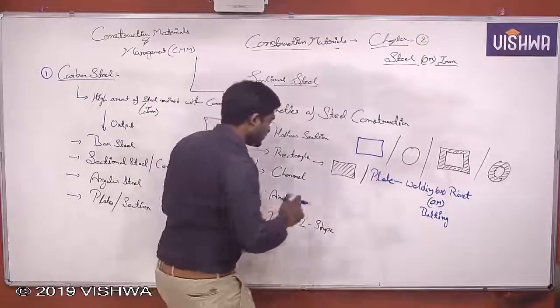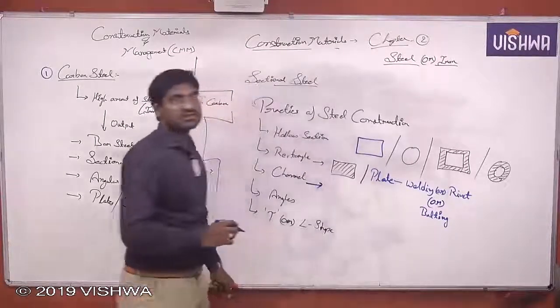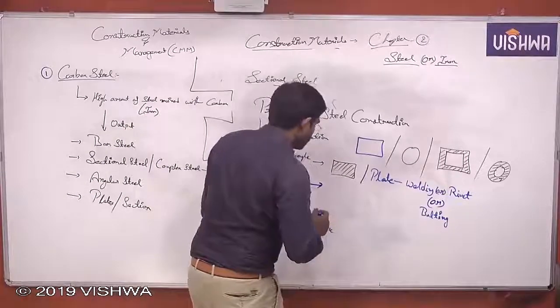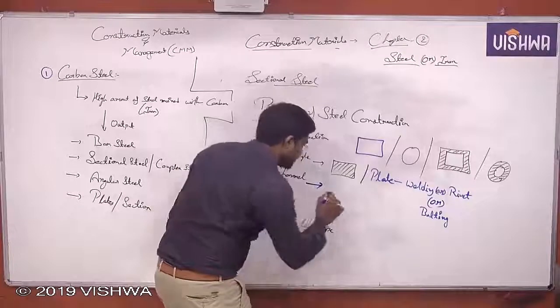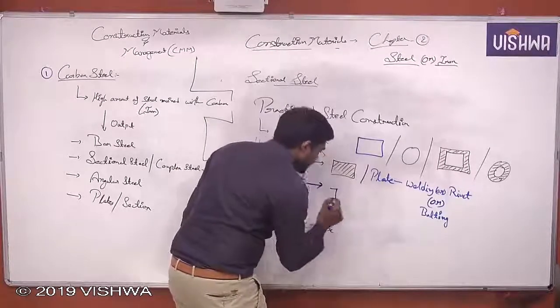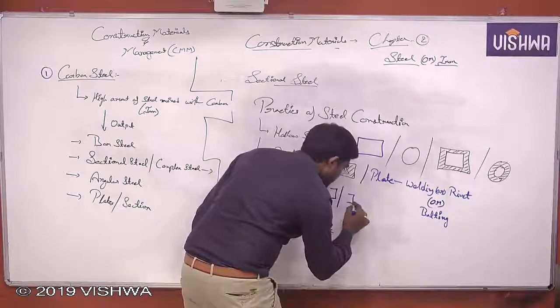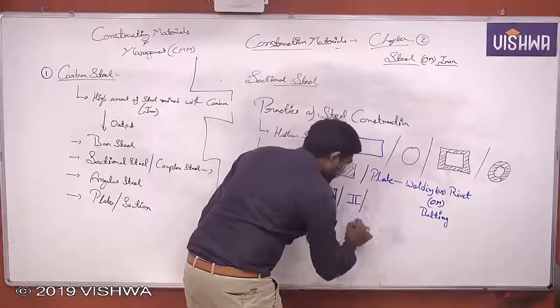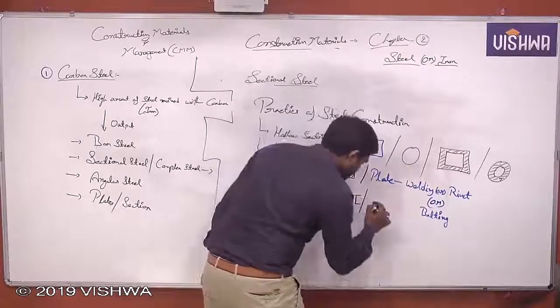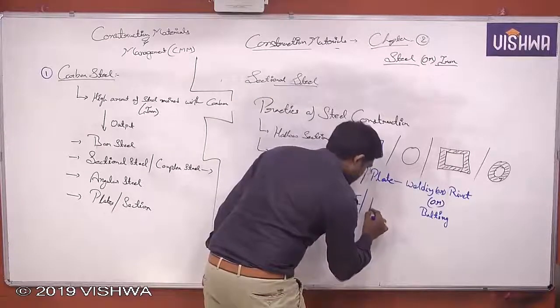So when you are going with respect to channel sections, what types of channel sections are available? In general, we have channels as C shape, C shape channels or double C shape, or any other channels.